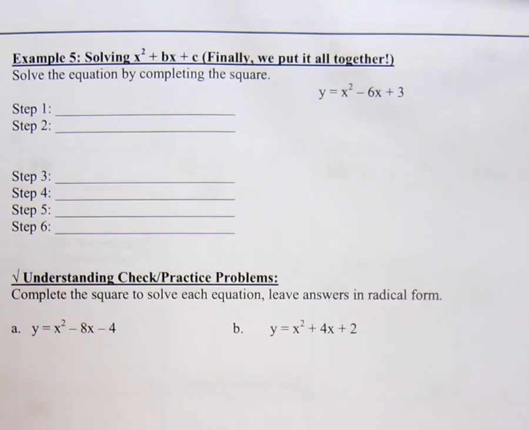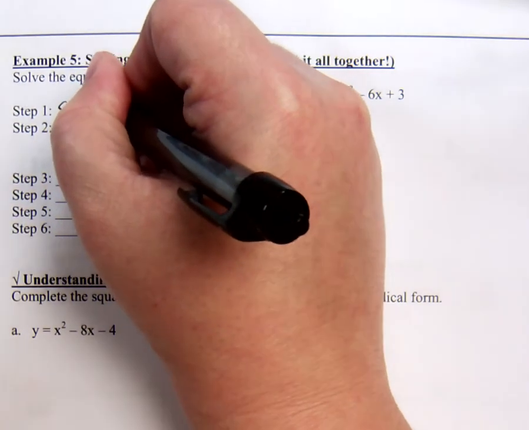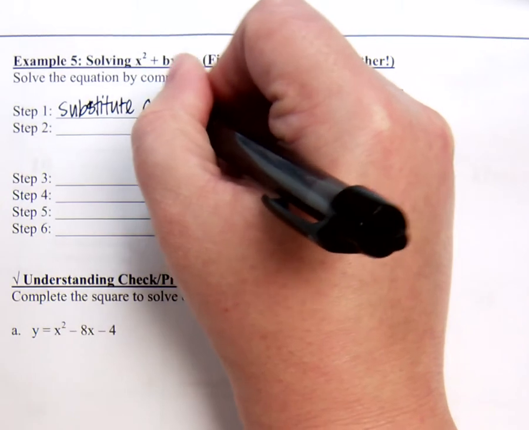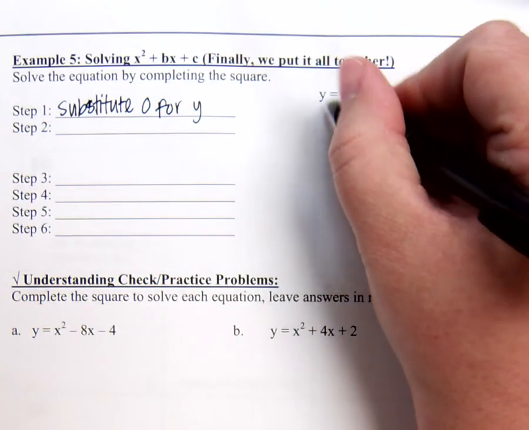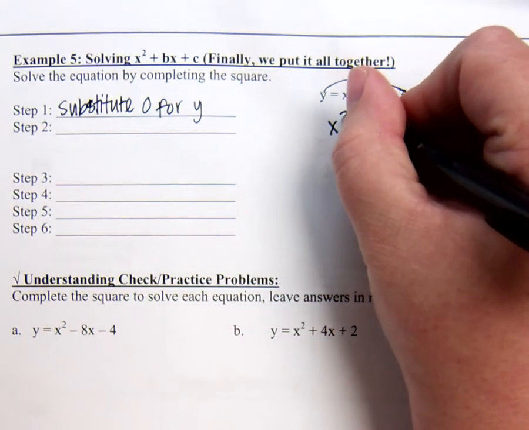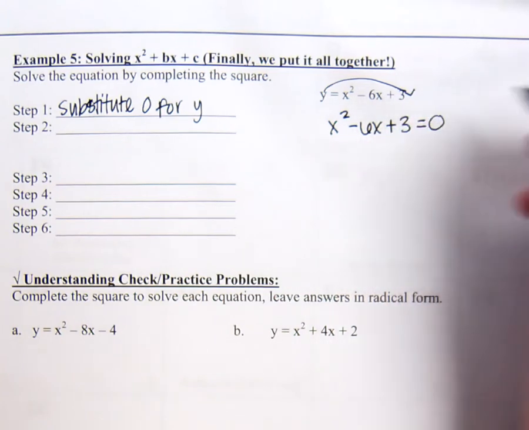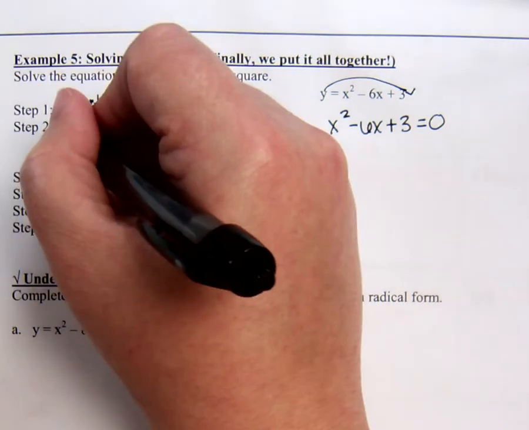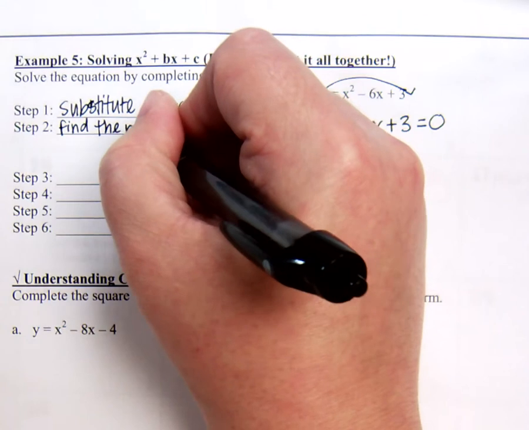So step 1, we are going to substitute 0 for y. And I'm going to go ahead and put my y over on the right-hand side. I just prefer that. So x squared minus 6x plus 3 equals 0. Next, we are going to find the number that makes it a perfect square.